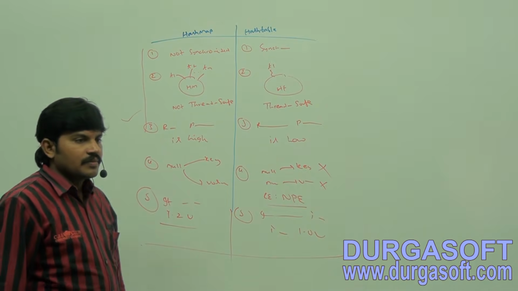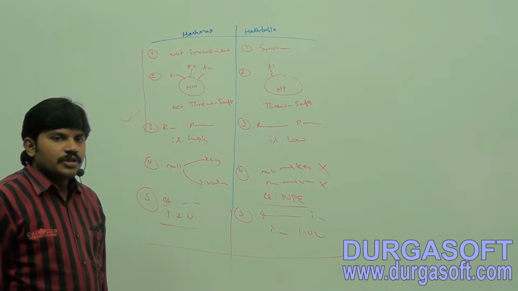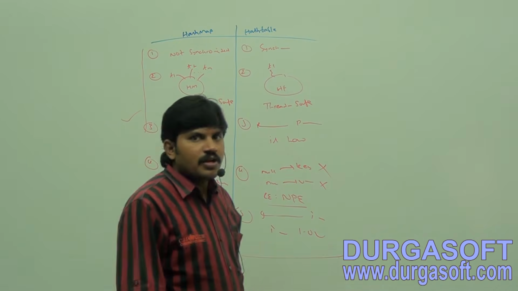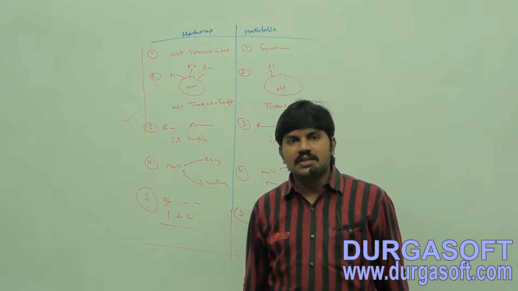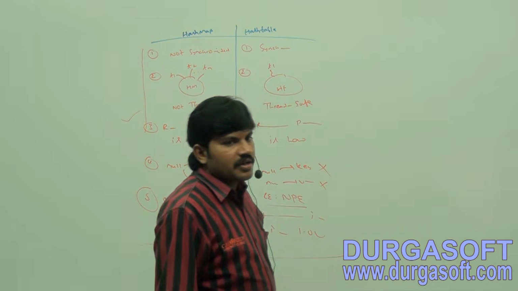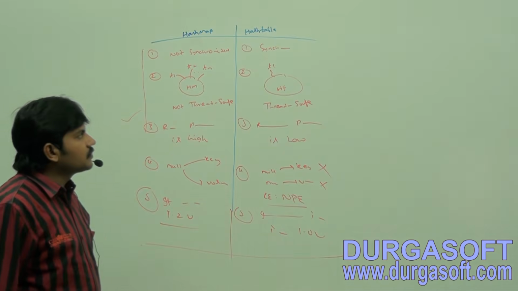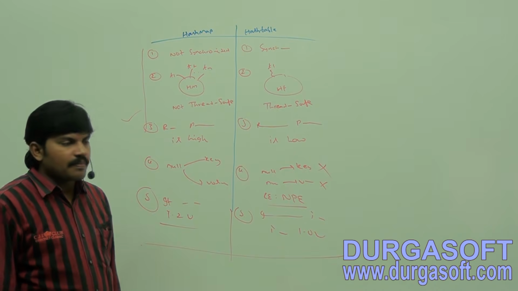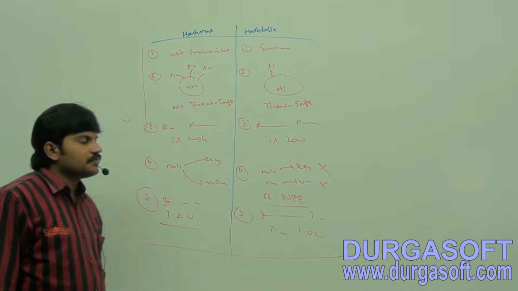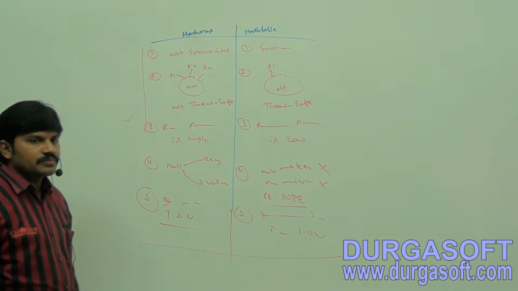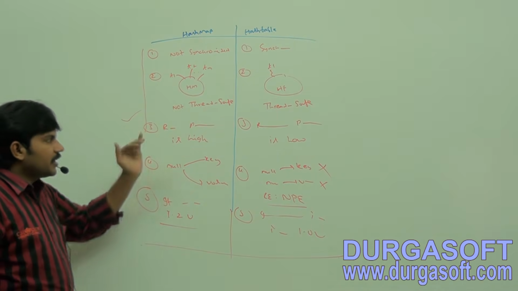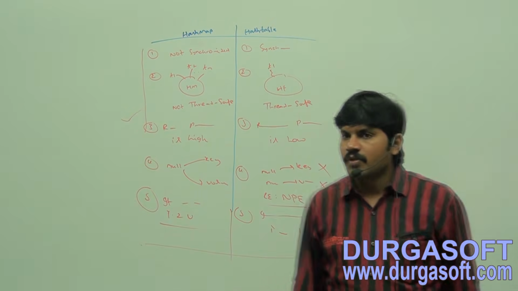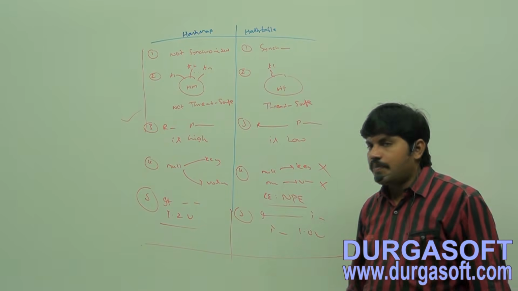Other side. Every method present in Hashtable is synchronized. Next, second point. At a time, only one thread is allowed to operate.